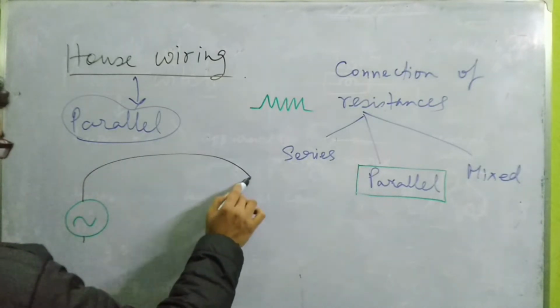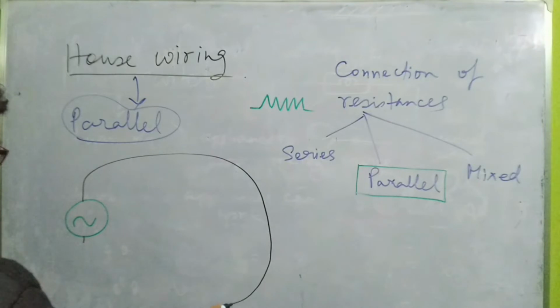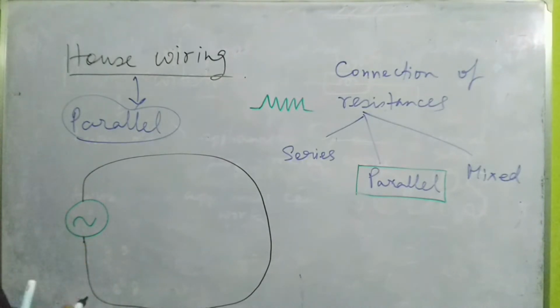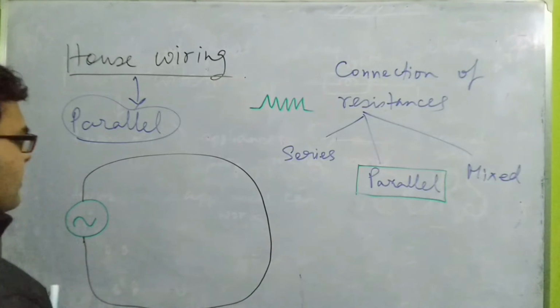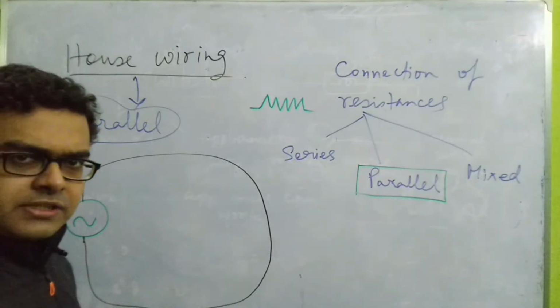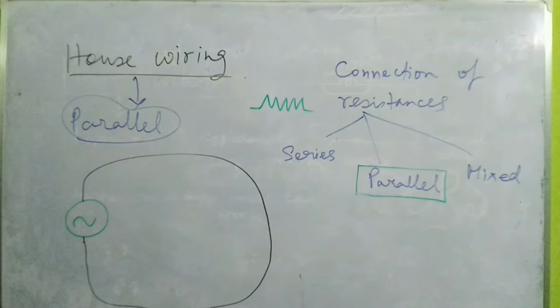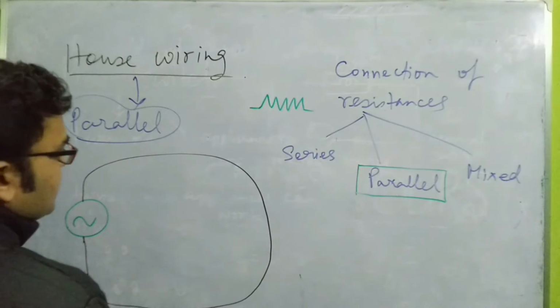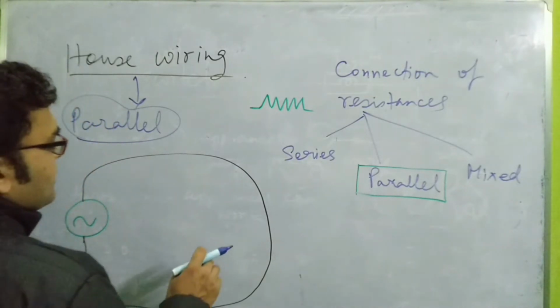It goes like this throughout all the rooms in our house, and then it comes back like this. Now in between, say there are 2 floors in our house, and each floor has say 3 rooms. So from this part I can take out the 3 connections like this.